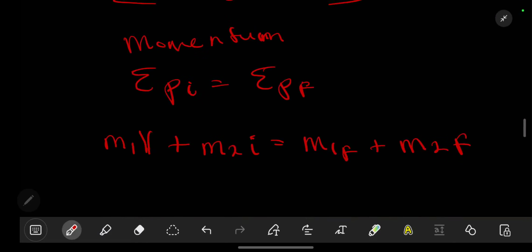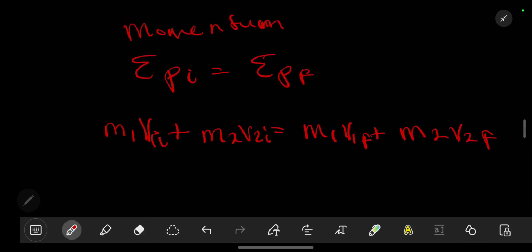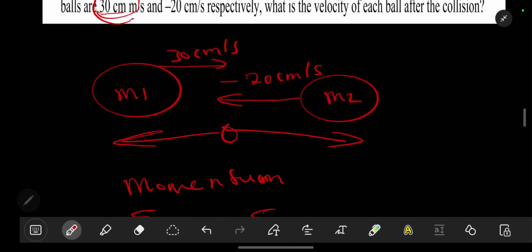M1 V1 initial, M2 V2 initial, even here V1 final, V2 final, like that. So with this, now we can be able to replace.